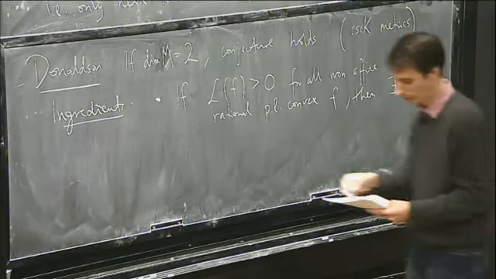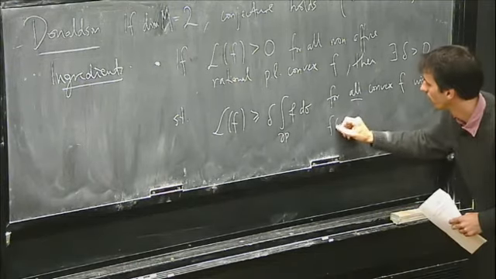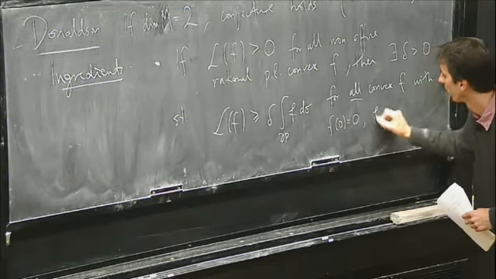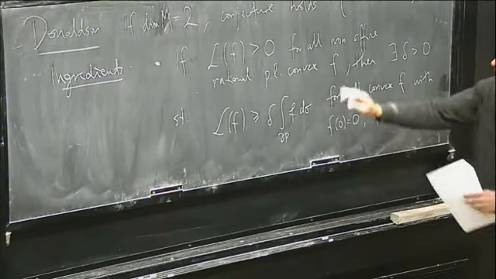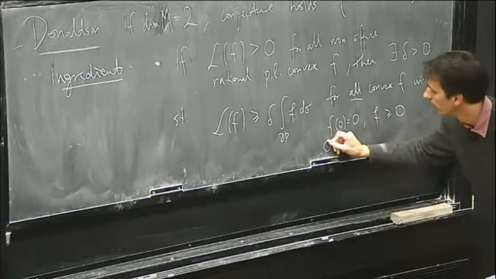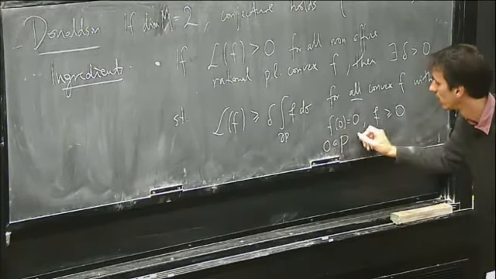You'll have LF is bigger than or equal to delta times the integral on the boundary for all convex functions where you have to normalize them suitably. So now this holds for all convex F with, say, F of 0 equals 0 and F non-negative. And 0 is just a fixed base point inside P that you just fix once and for all.